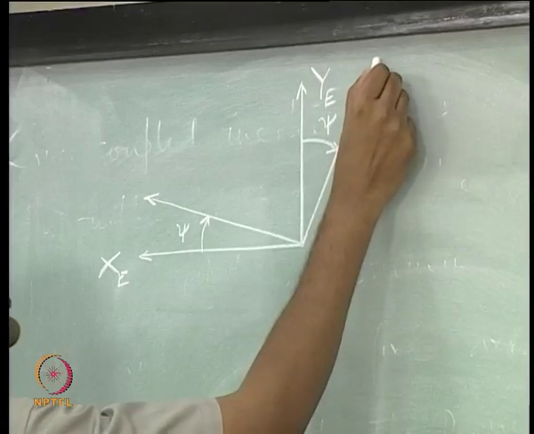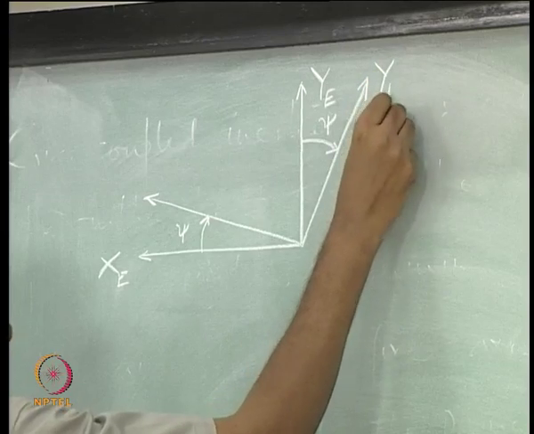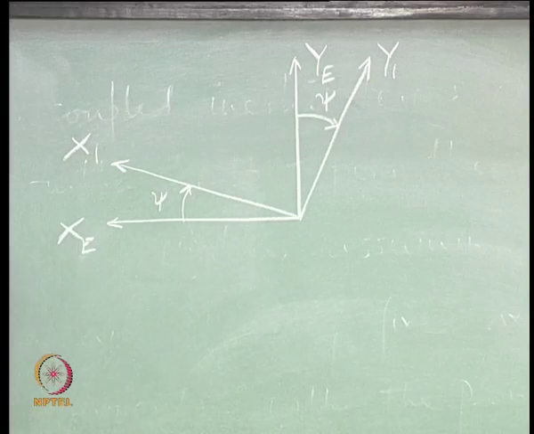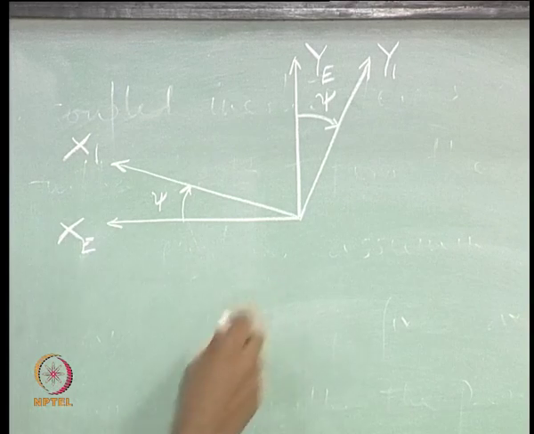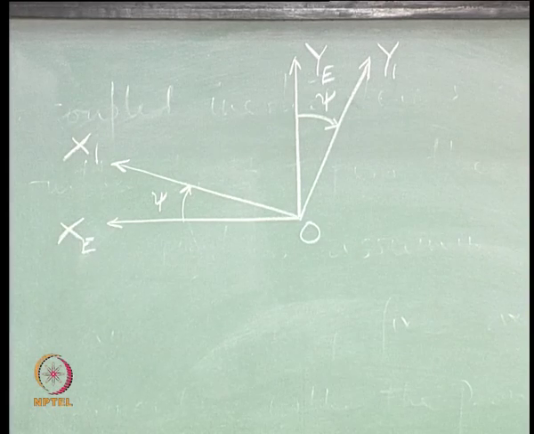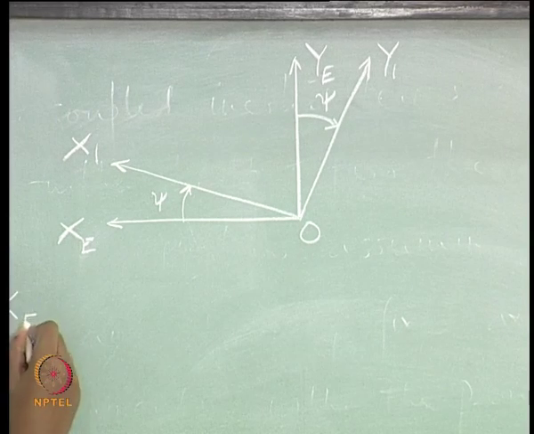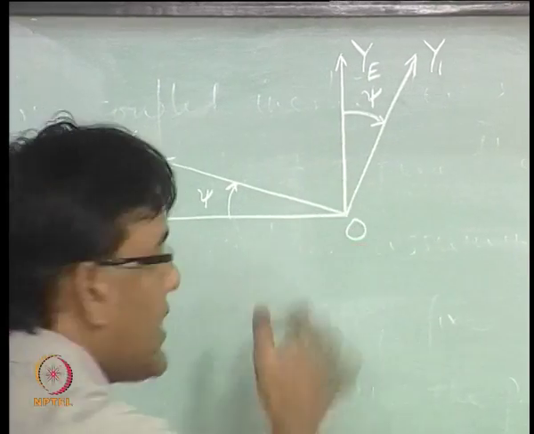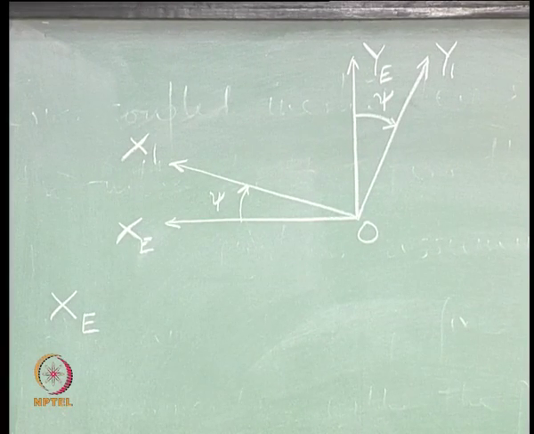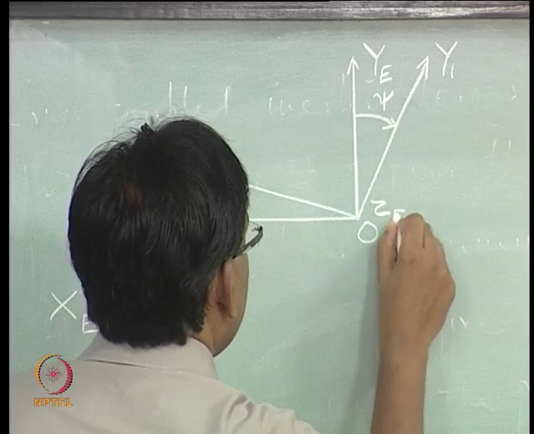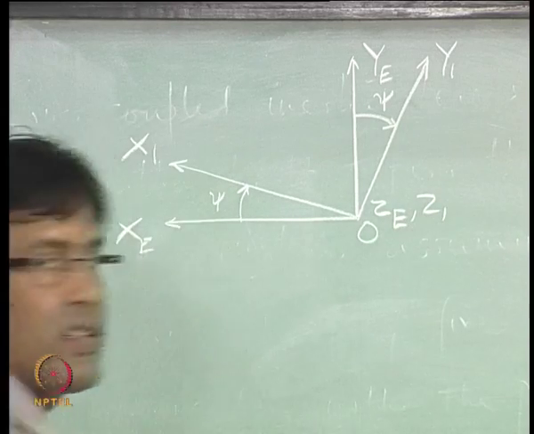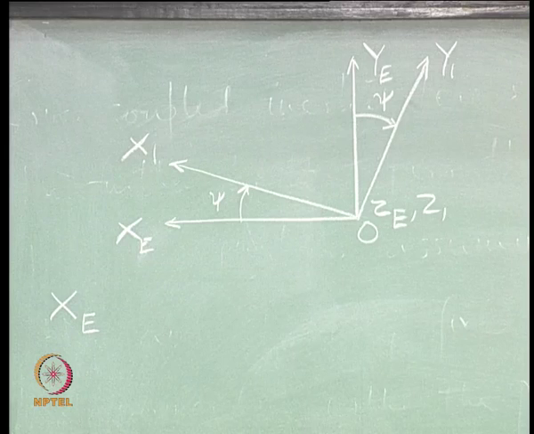I will call this y1 and x1, and this rotation is about the z axis. So z axis is into the board and coinciding, right. Z E and Z1 both are the same.